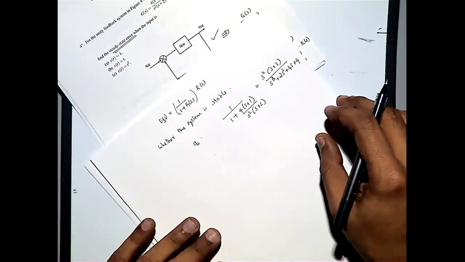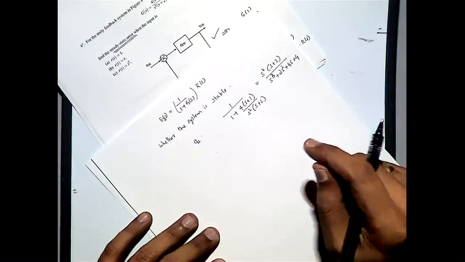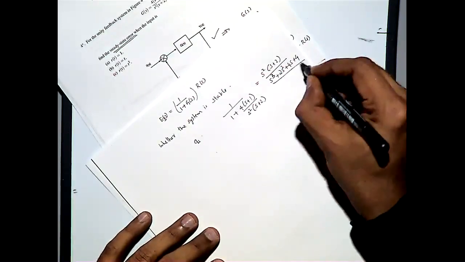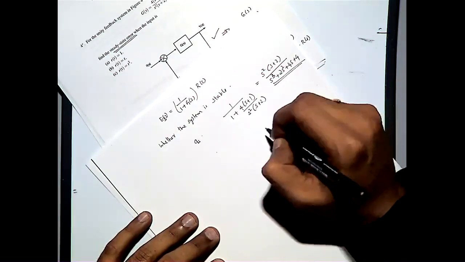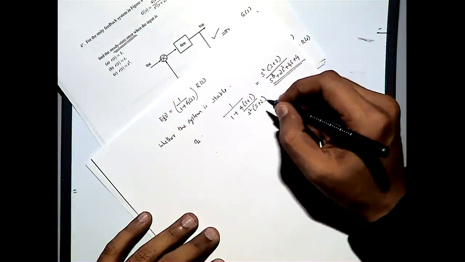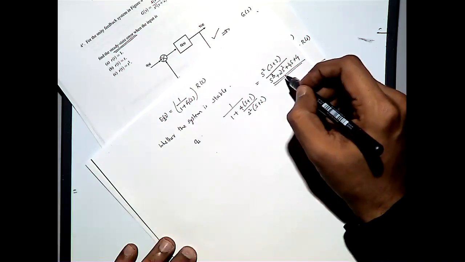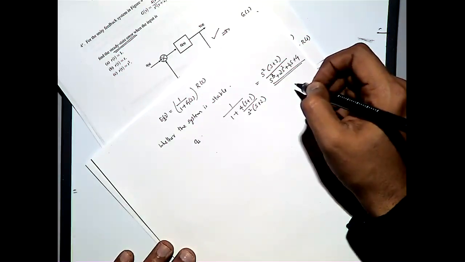Now, in order to find the steady state value, you need to apply the final value theorem. Before applying that, you need to check whether this polynomial represents a stable system. So you have to apply the Routh criteria and check whether that one is stable. I am skipping that step right now. It will be shown.